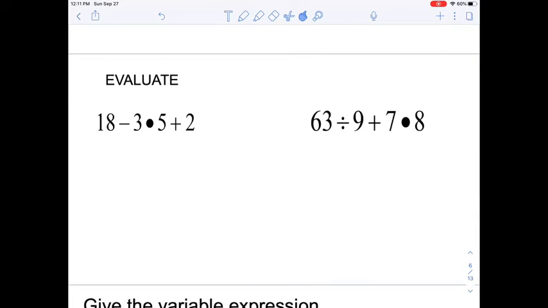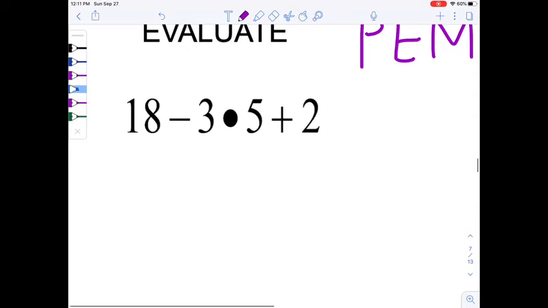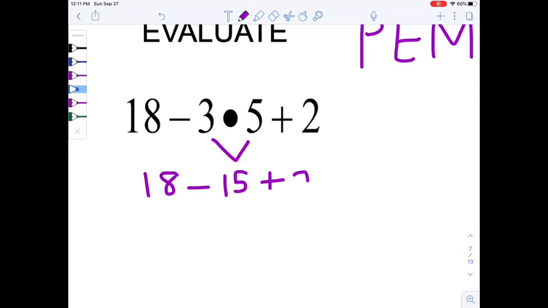These next 2 problems say to evaluate. So we're going to use our order of operations, PEMDAS, to solve. So for the first one, I look for parentheses, nope. Exponents, nope. Multiplication, yes. So I have to do that first. 3 times 5 is 15. So then I'm going to bring down my 18 minus and plus 2.